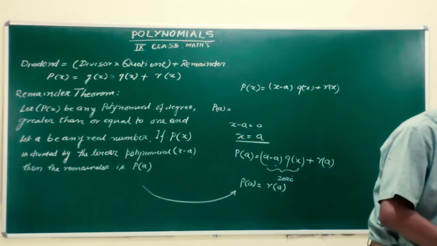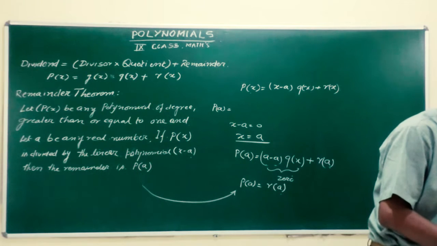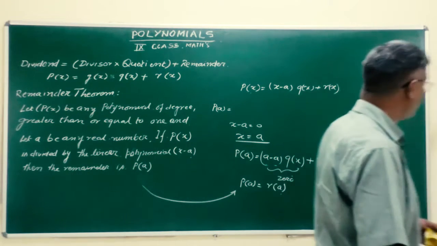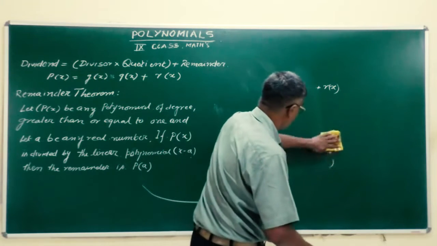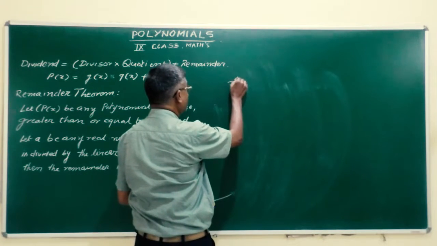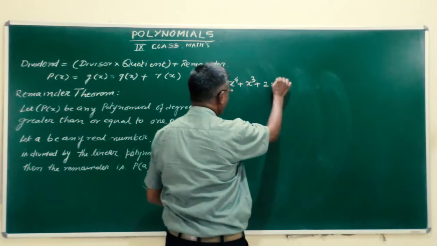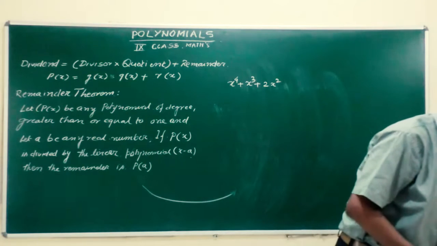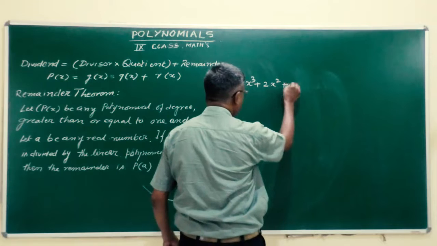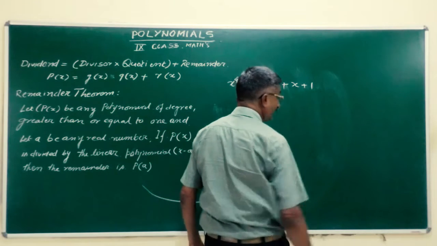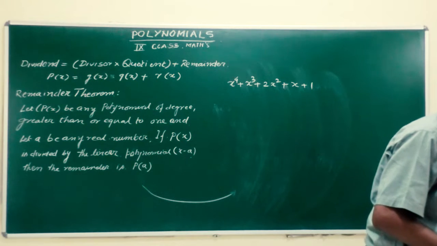Find the remainder when x raised to the power 4 plus x cube minus 2x square plus x plus 1 is divided by x minus 1.